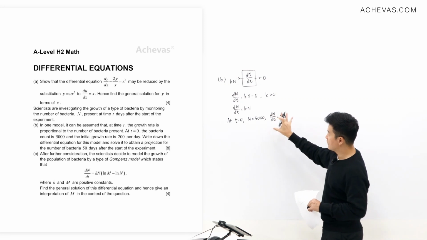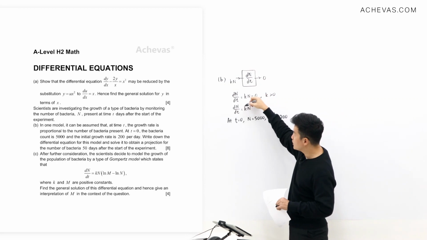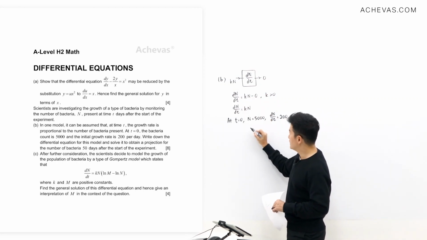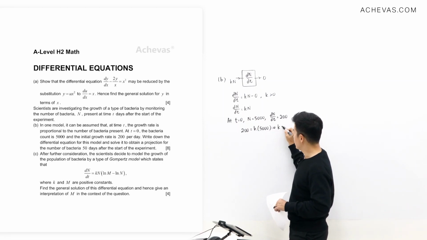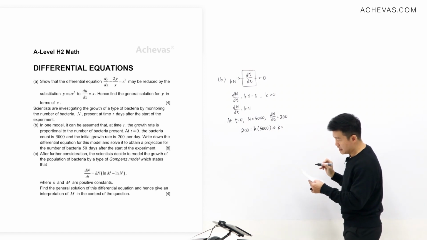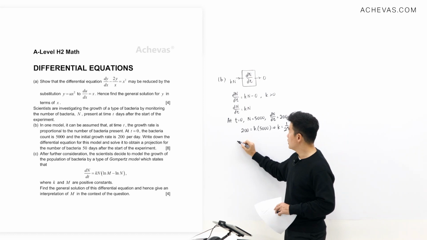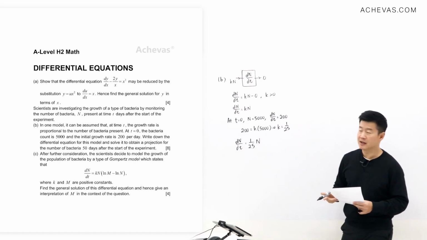This piece of information is useful enough for us to substitute into this equation to find the unknown K. So let's do it: 200 is equal to K times 5,000. This tells us that K is equal to 1/25, which means that dN/dt is 1/25 times N.